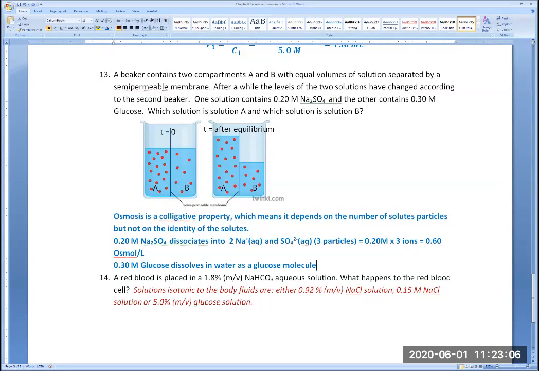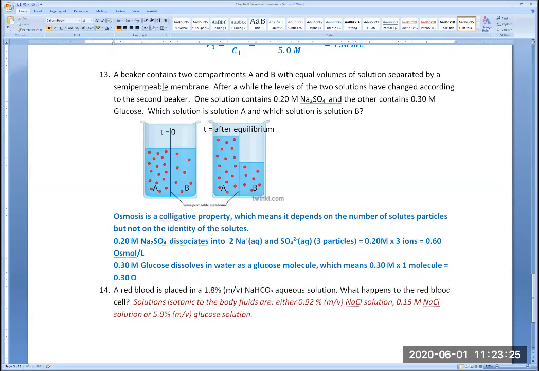So if we count in osmolarity, it's 0.30 molar times one molecule, and it's going to be 0.30 osmolar. The osmolarity is the same as the molarity.